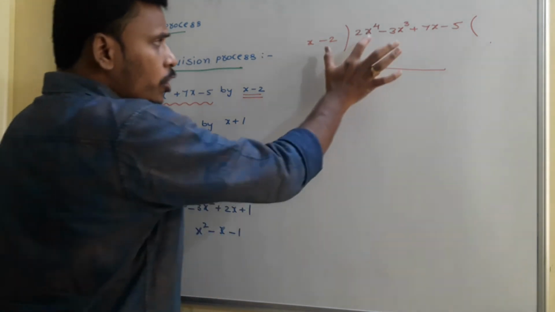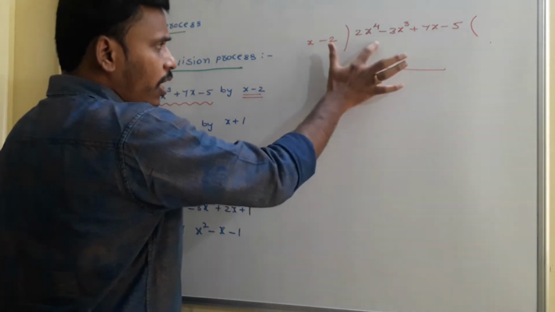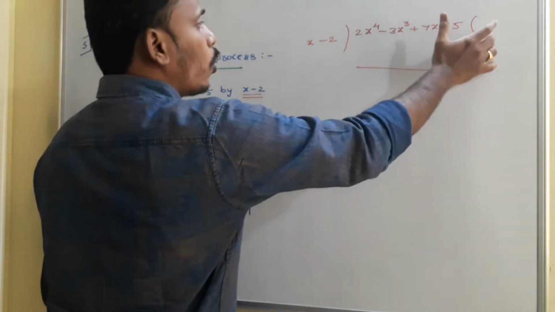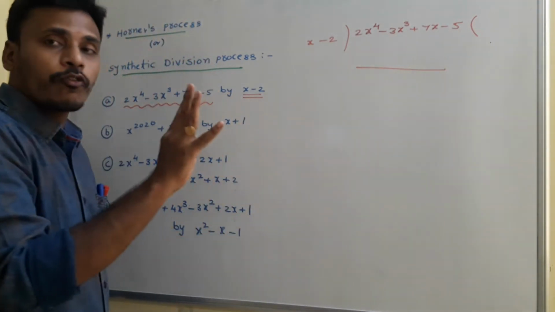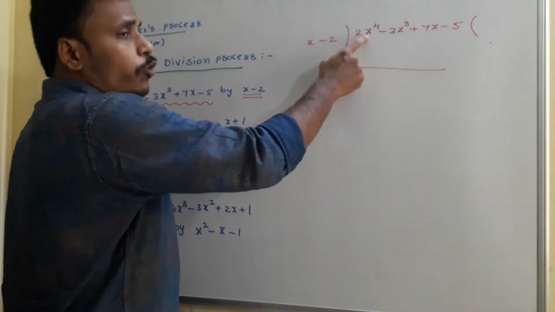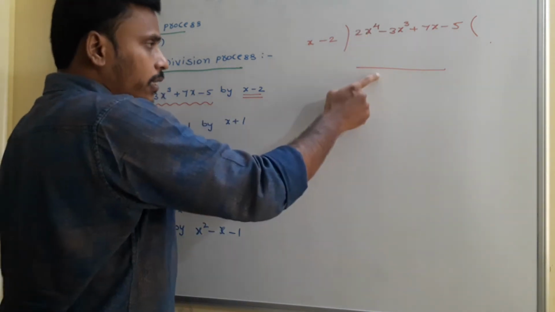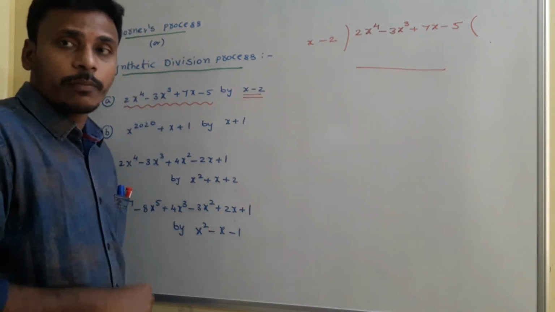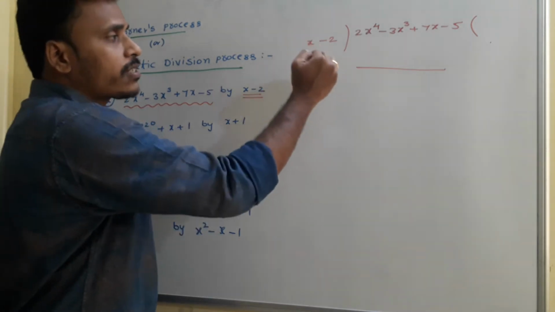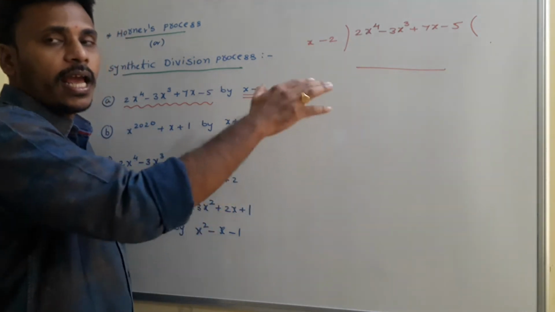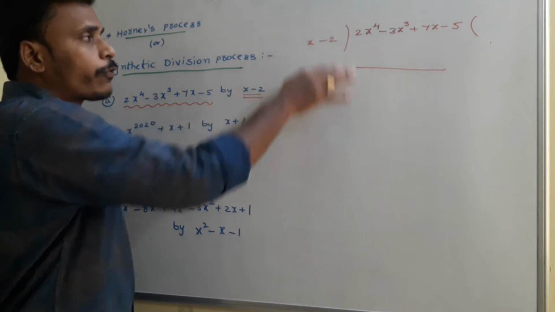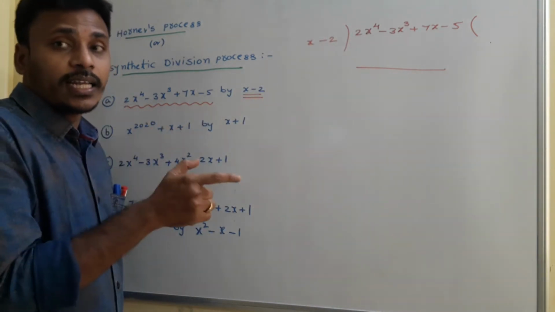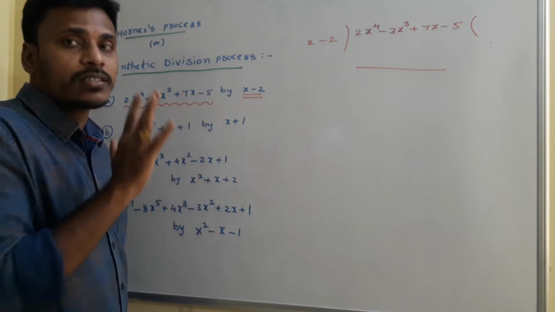With actual division, finding the remainder and quotient requires at least 4 steps, because this is the 4th degree. After one step you get 3rd degree, after the second step 2nd degree, as we discussed in the previous class. Step by step you reduce the degree of the dividend, and at the end you are left with the remainder. But synthetic division directly gives you the quotient and remainder in one step.